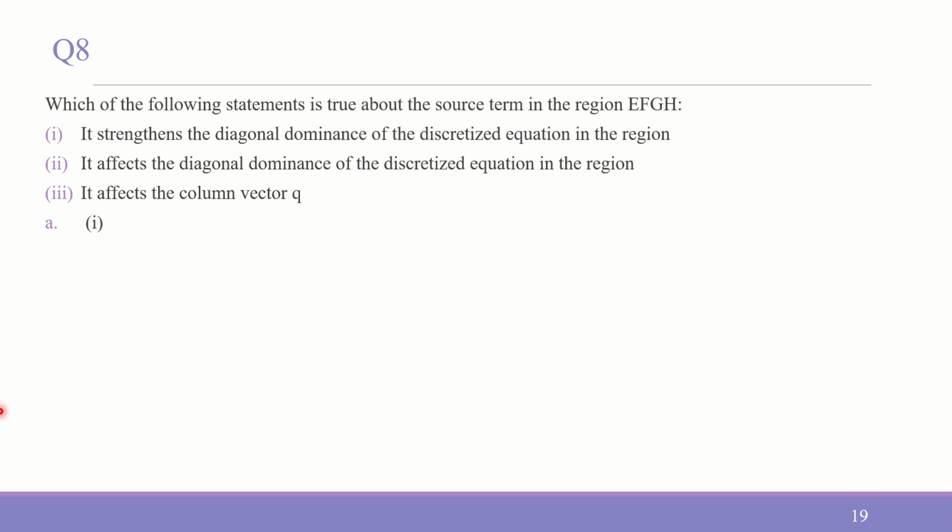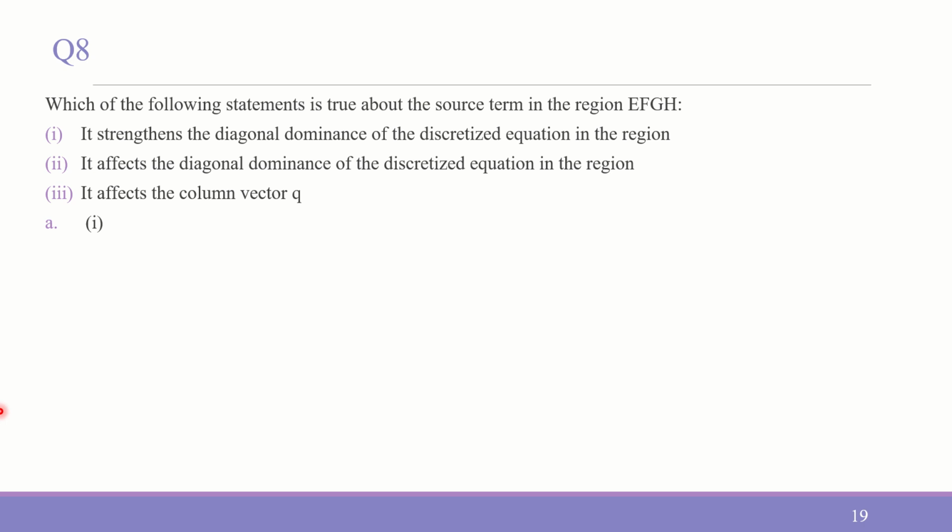What we are doing is discretizing the equation into Px is equal to Q. So the source term, if any is present, will be a constant or variable value, but it will be a value. So it will go into the right hand side vector, that is the Q vector. It will not affect P or X.